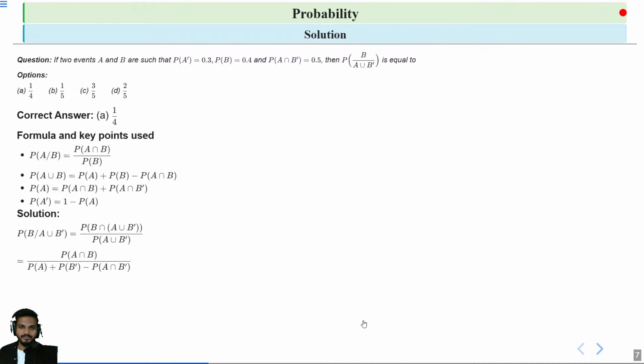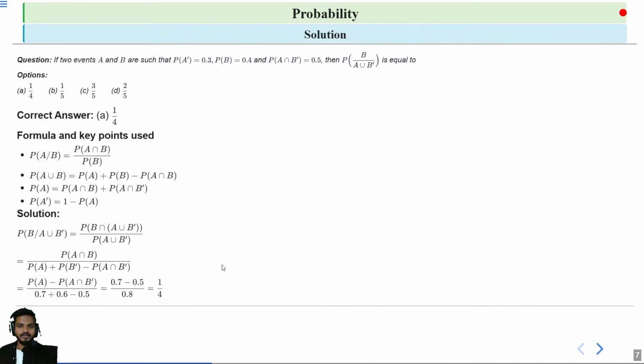So from here we get probability of A intersection B, because when we open B intersection A union B complement, we get B intersection A union B intersection B complement, and B intersection B complement is phi. So we get probability of A intersection B by probability of A plus probability of B complement minus probability of A intersection B complement.